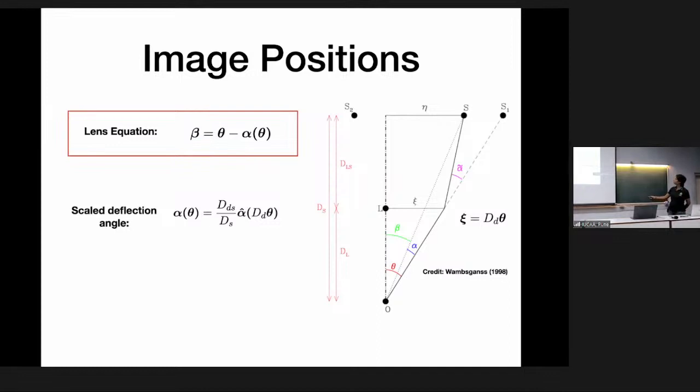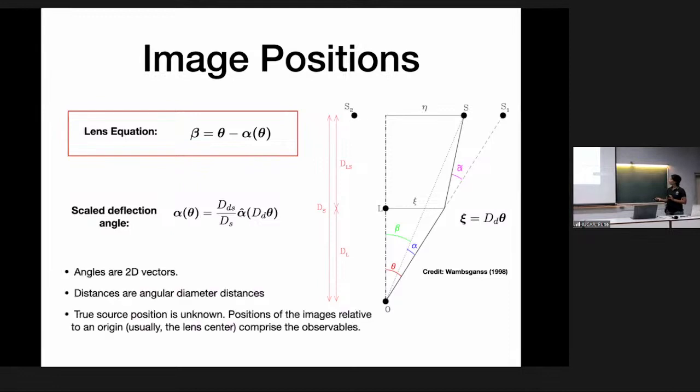So this is the expression for the deflection angle and the scaled deflection angle, which is given by the angular diameter distances to the lens plane and also the source plane. And this is the lens equation, which allows us to readily relate the angular positions of the source and the images.